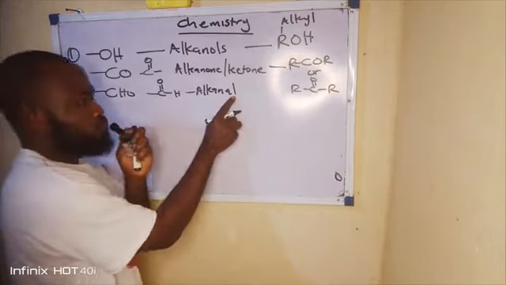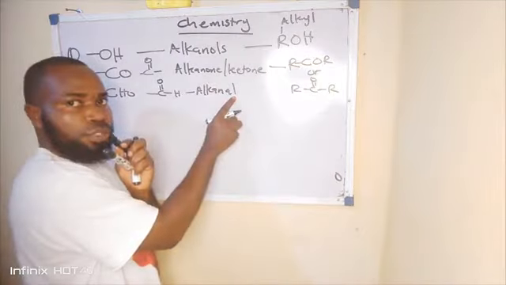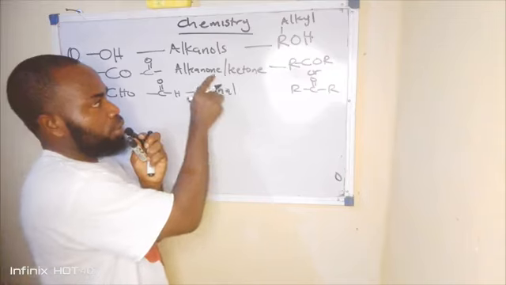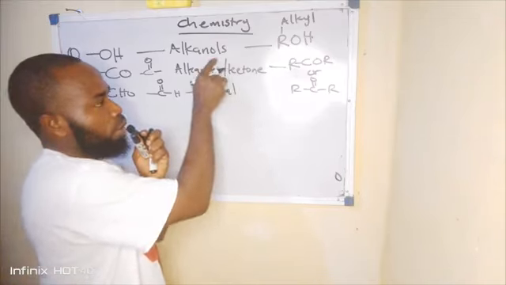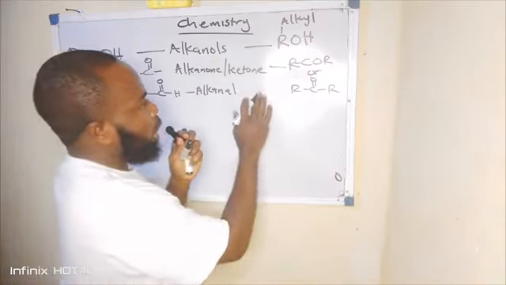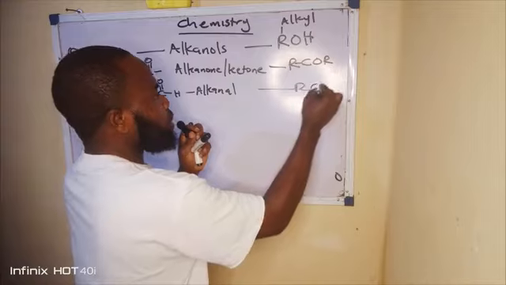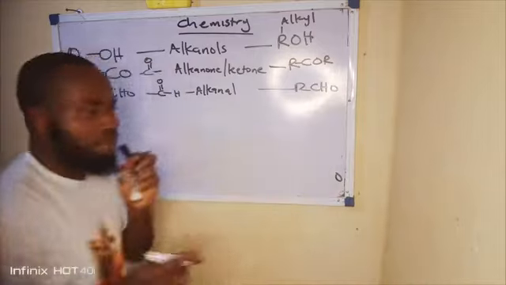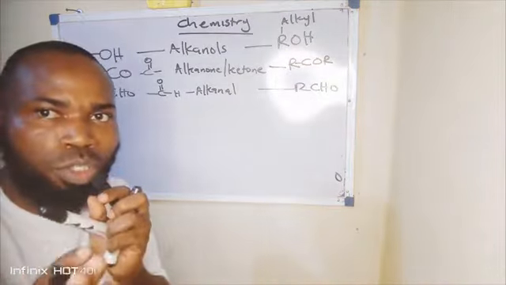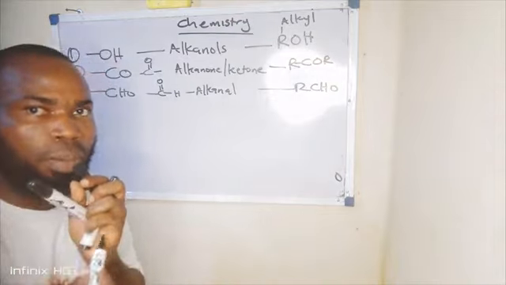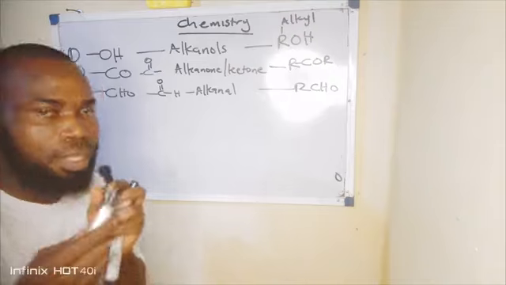So they have the suffix, which is al, alkanals. So it's alkanones, and it's alkanol. Now they have the general formula of RCHO. Basically this is just a foundation for you to identify organic compounds quickly before you start naming them.